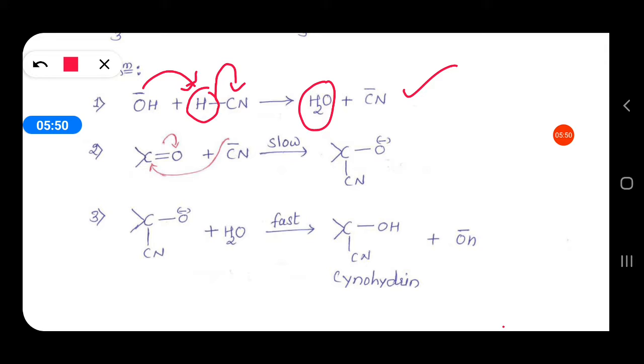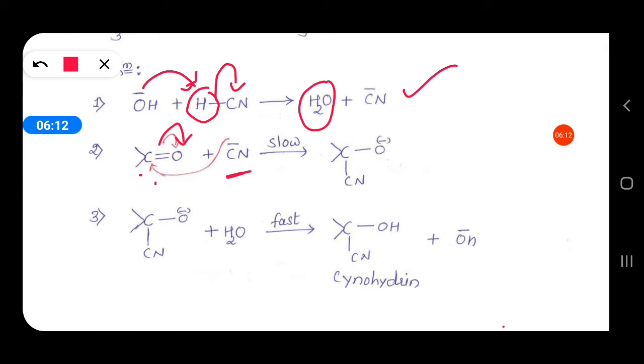This nucleophile attacks the carbonyl carbon. Among the bonds of this carbonyl carbon, the C=O pi bond electrons are shifted towards oxygen in the presence of the attacking reagent, and the carbon becomes a carbocation.